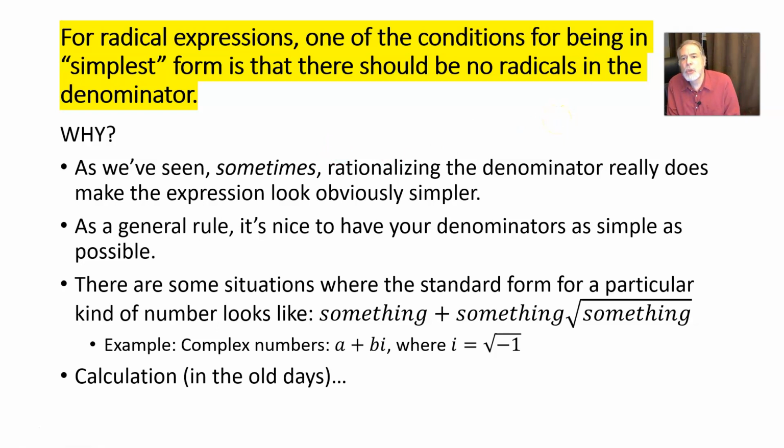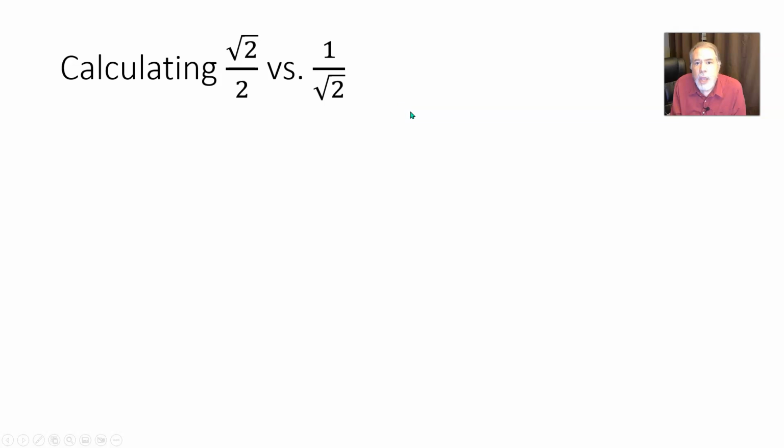What if you had to calculate and evaluate a number that involved a square root so that you could get a decimal approximation for that number? Which is easier to calculate by hand without a calculator? Square root of 2 over 2 or 1 over the square root of 2?